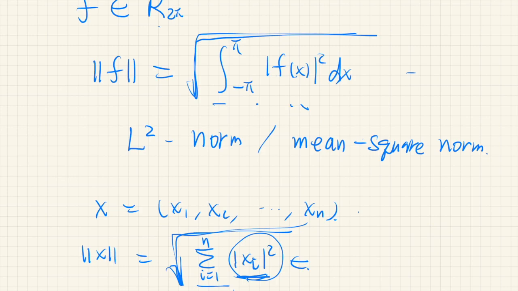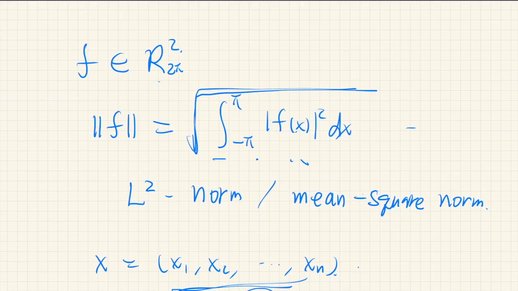So the dimension of this vector space of functions is actually infinity. So it's an infinite dimensional vector space. And any vector space equipped with a norm is called a normed vector space, or simply normed space. So our collection of functions, periodic and square integrable, is a normed space.